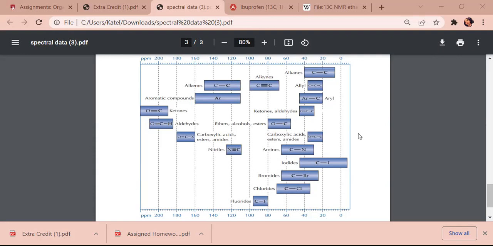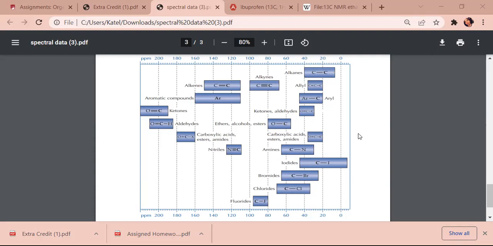So if you were to have one carbon, and it has 3 carbons on it, then it would, or even better, if you had one CH3 and it was attached to one CH3 and another CH2 and another CH2, then it would split a signal because it's splitting it between those two.